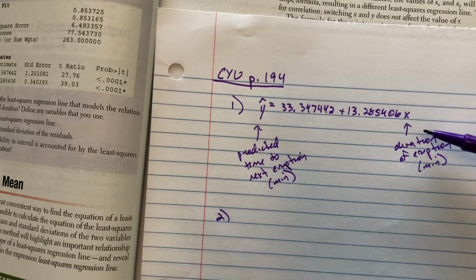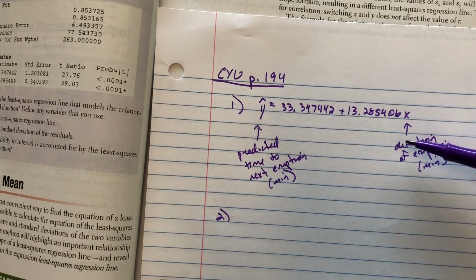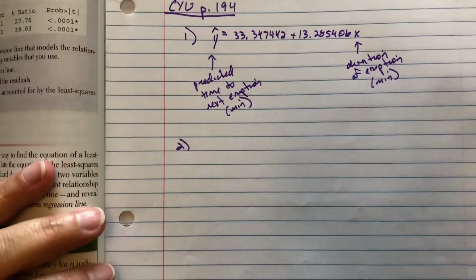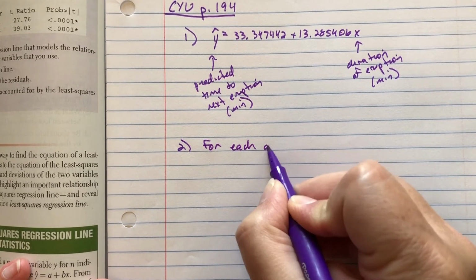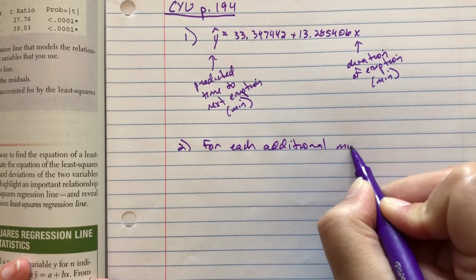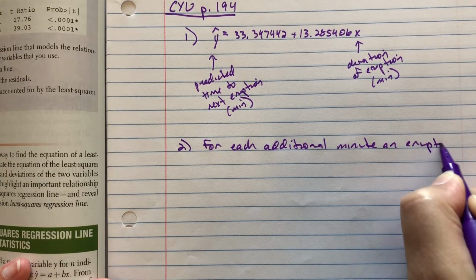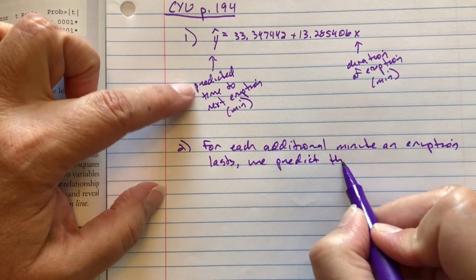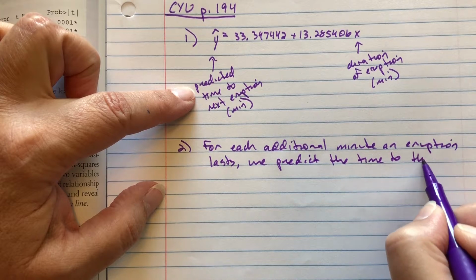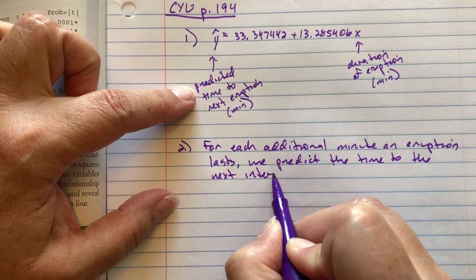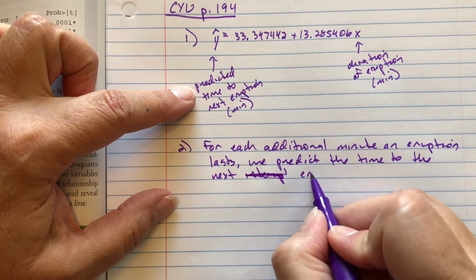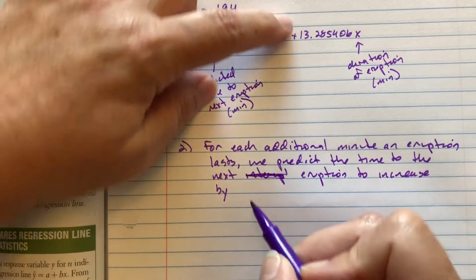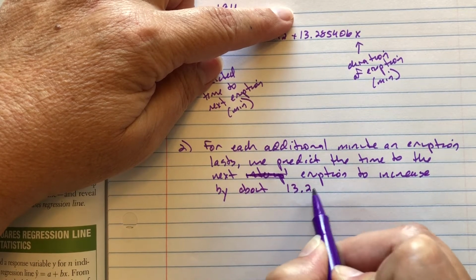For each additional minute that the eruption lasts, we predict the time to the next eruption will increase, since it's positive, by about 13.29 minutes.